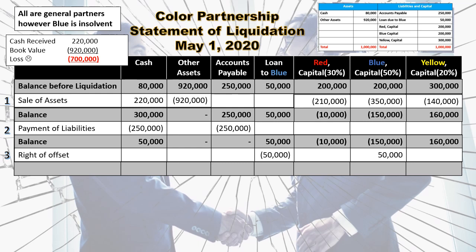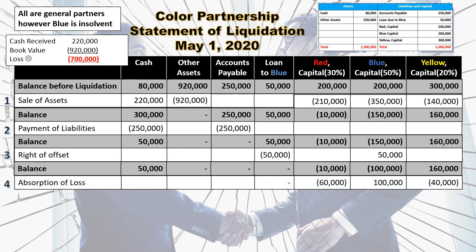So, after the right of offset, the balances now are cash 50,000 pesos. Red capital, negative pa din. Si Blue Capital, negative pa din. Si Yellow Capital, positive 160,000 pesos. So, next step is to eliminate the deficiency of Blue kasi nga, since insolvent si Blue, to eliminate his insolvency, kailangan nating i-distribute yung deficient capital niya dun sa ating two partners based on their profit and loss agreement.